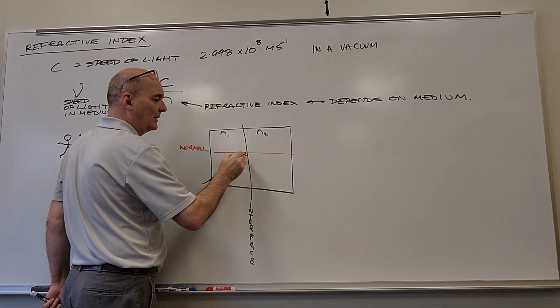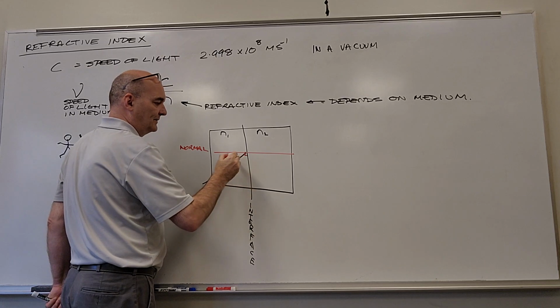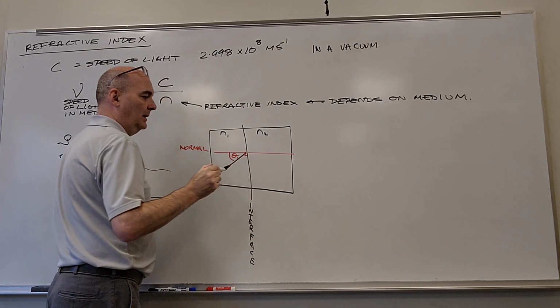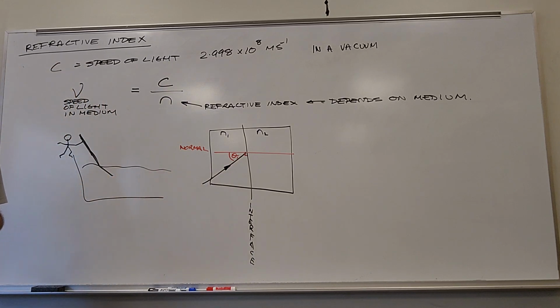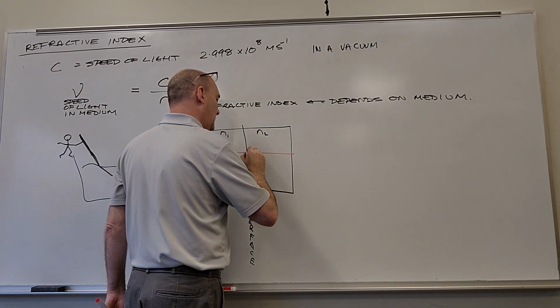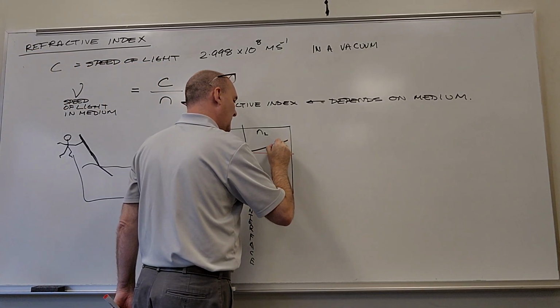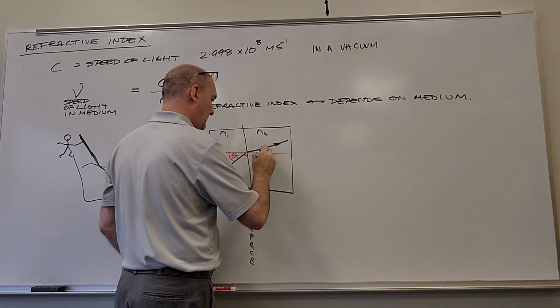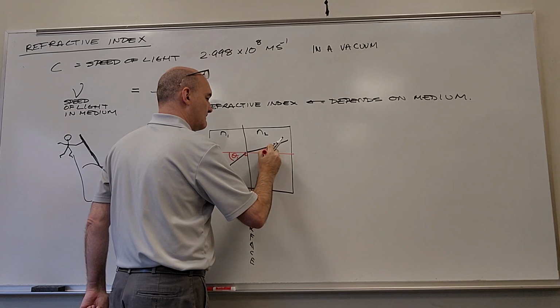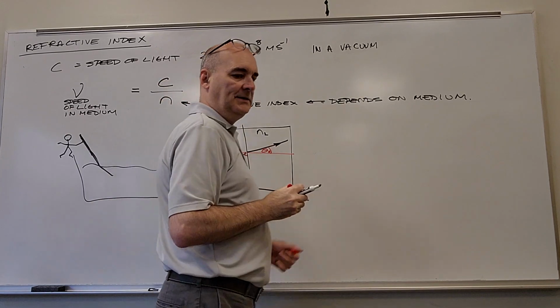So I have a right angle to the interface. The incident angle is going to be called theta 1. And the exit angle is called theta 2.